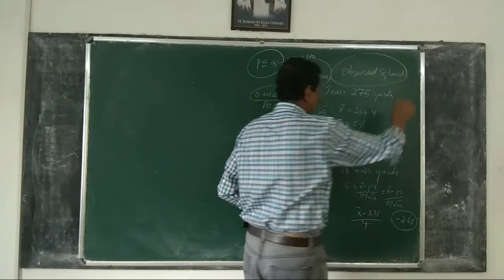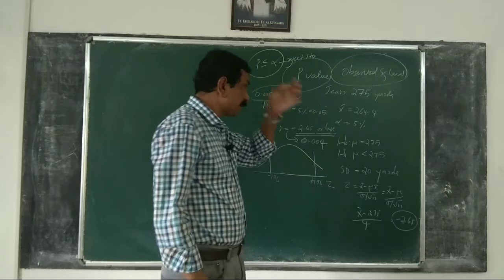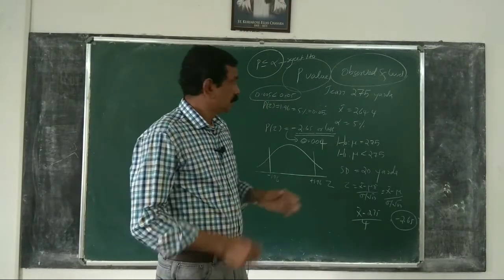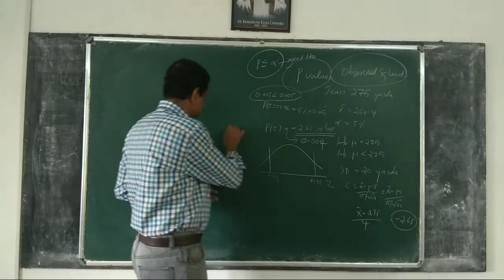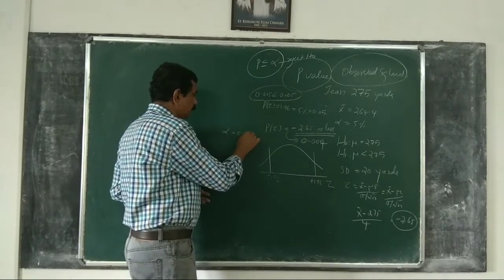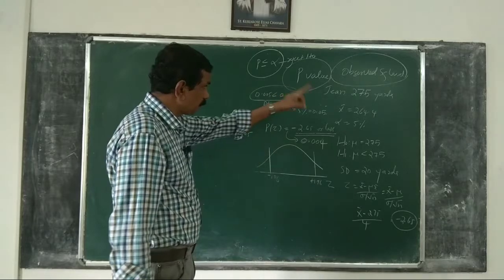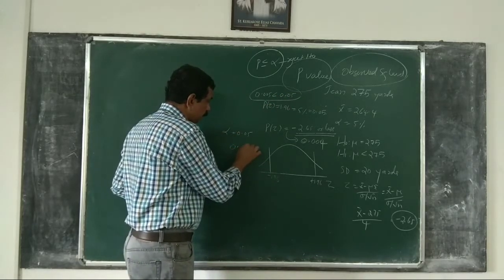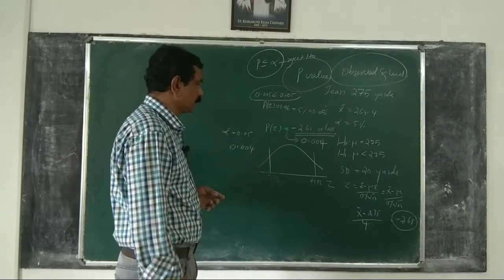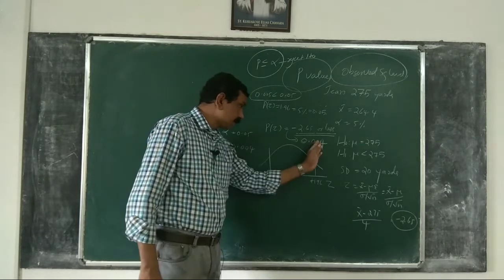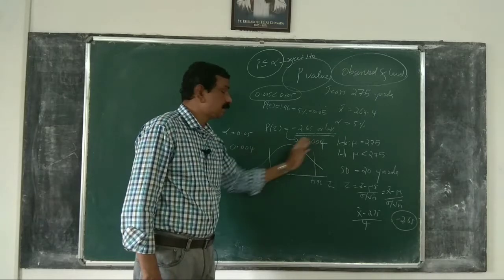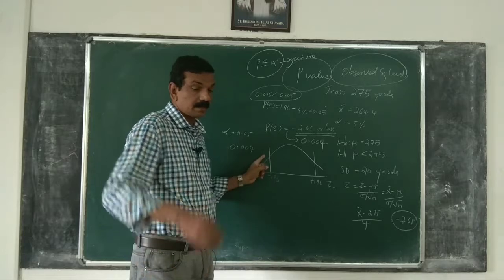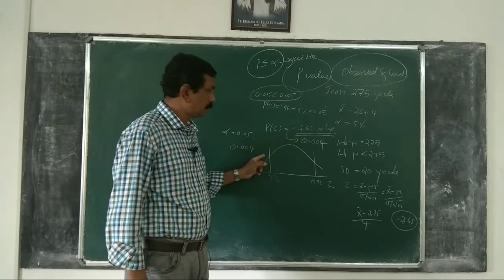It is the smallest level of significance at which a null hypothesis is rejected. If alpha is 5%, that is the significance level 0.05, what is the observed significance level? The observed significance level is 0.004 in our example, and it is the lowest level of significance at which a null hypothesis is rejected.